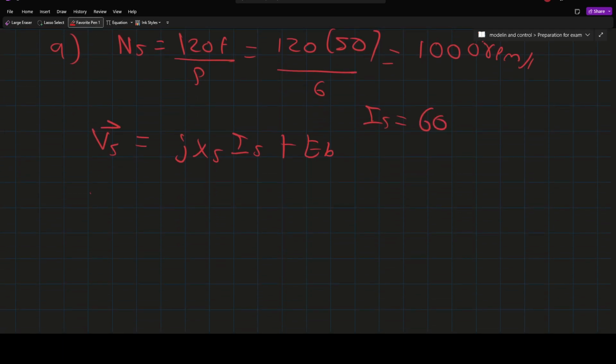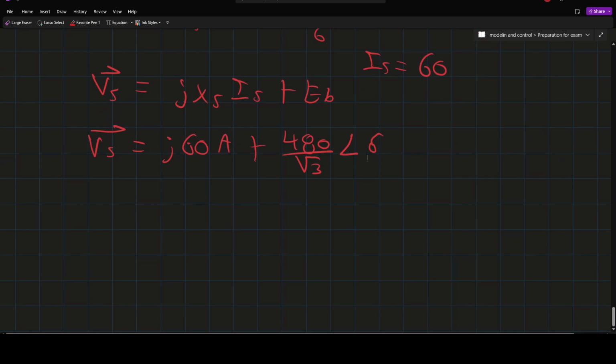So this formula becomes EA equals j1 times 60 amps plus VS, that is going to be 480 over square root 3, and this one is going to have an angle psi. So here we're interested in this angle and in the voltage VS.